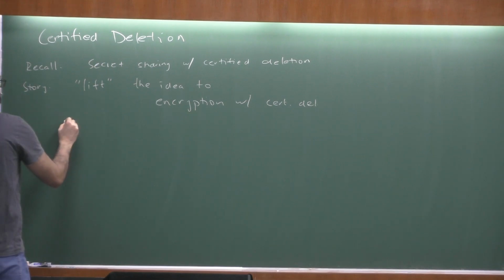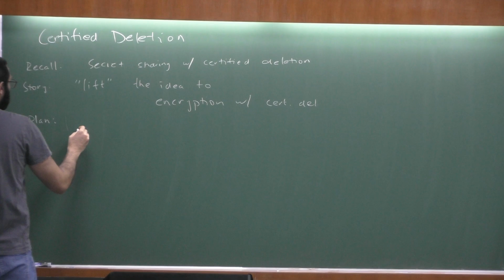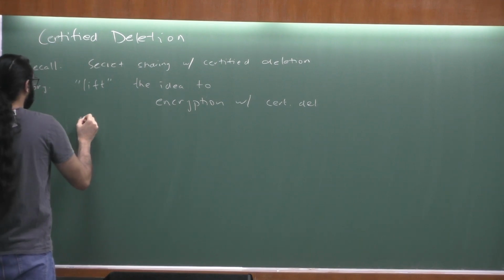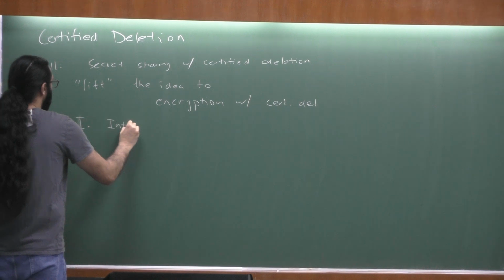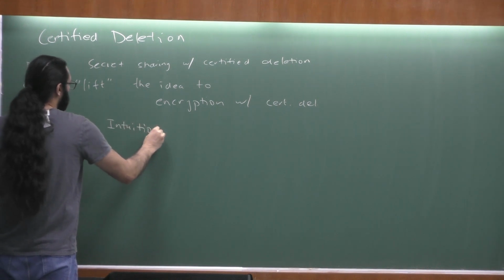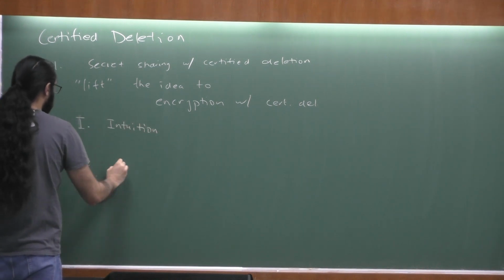So the plan is that there are two parts to it. The first is that I'll tell you the intuition. And then in the second part we look at the formal proof.